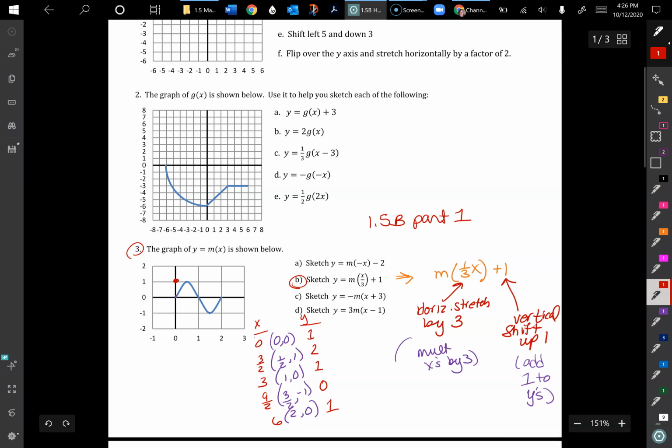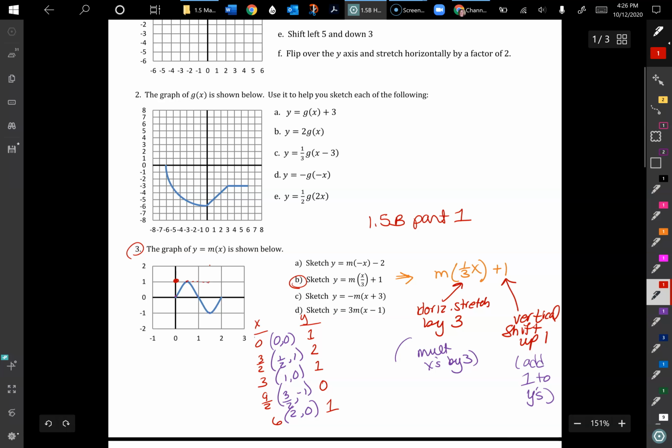The next point, multiply by 3, which gives me 3 halves. So that's like 1.5. And then for my x, sorry, I have to move over this way. So if I have a half, now it's 3 halves, and I shift up 1.